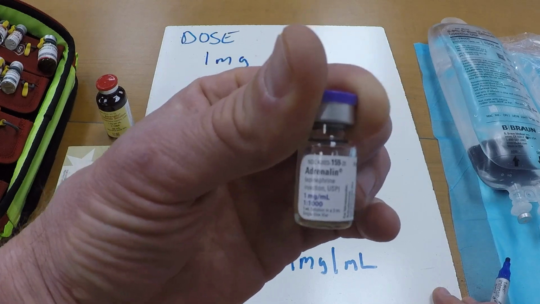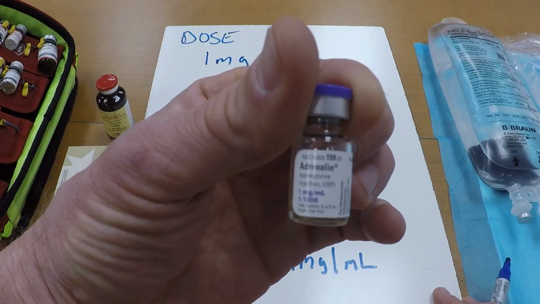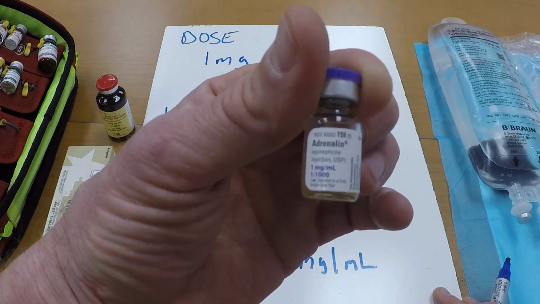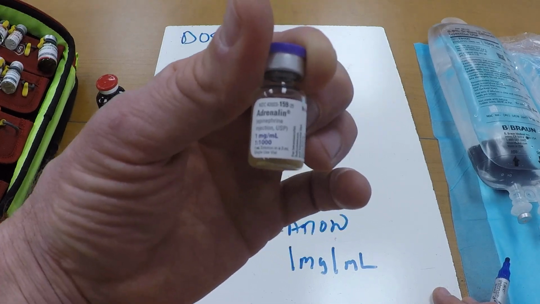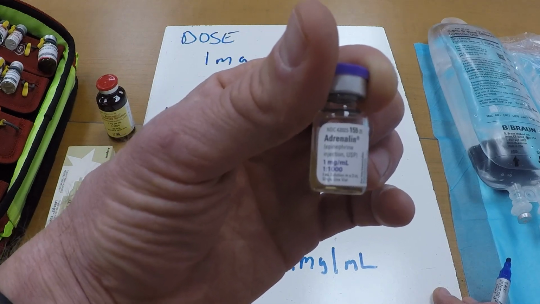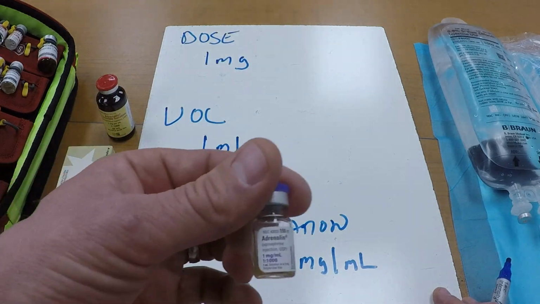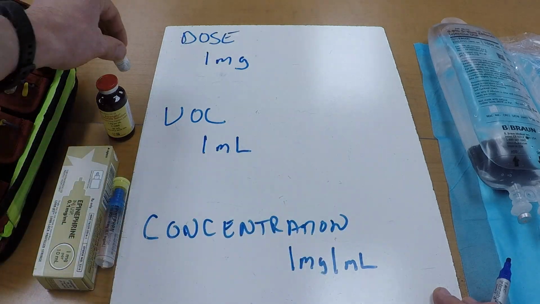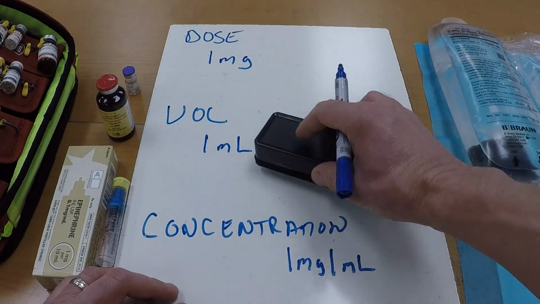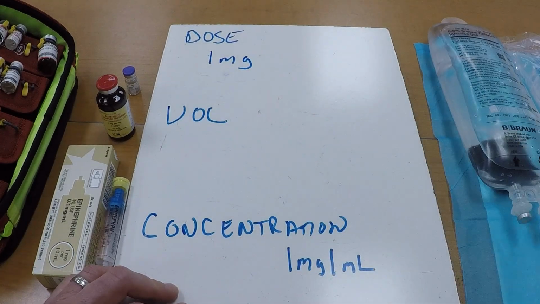But epinephrine 1 milligram per milliliter, or epinephrine 1 to 1,000, only given intramuscular, and that's going to be for anaphylaxis or maybe respiratory failure. So epinephrine 1 to 1, given IM, easy enough.